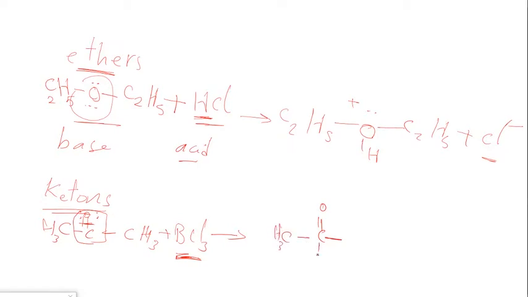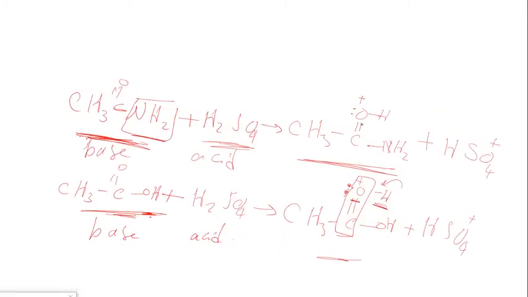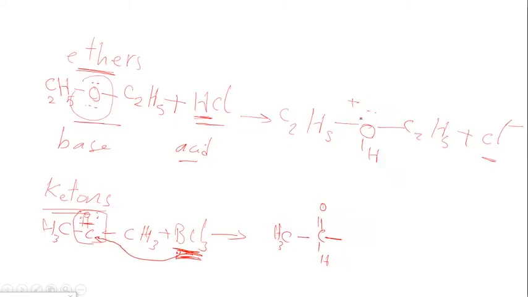So you have C double bond O, and the extra proton coming from BCl3 will come to the carbonyl group, not like we have seen before, where the one who accepted the proton was the oxygen. Here, you will just add this extra proton to the carbonyl group.